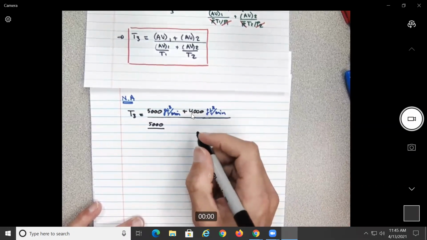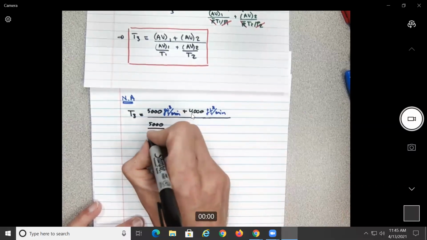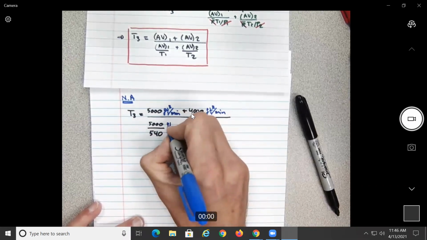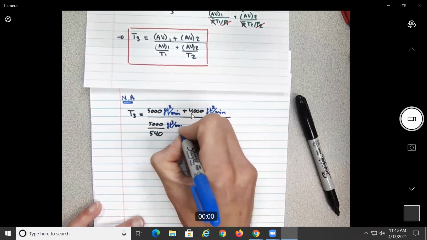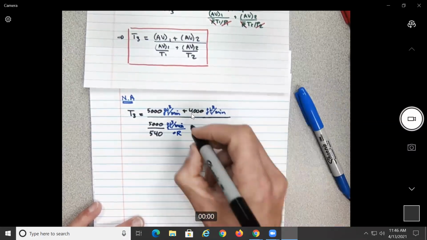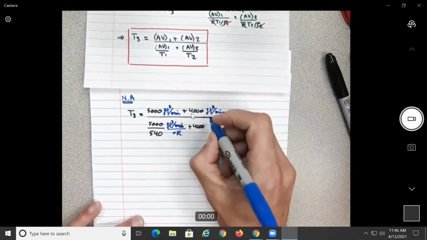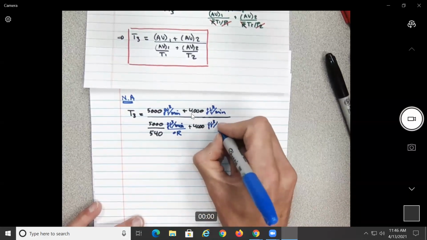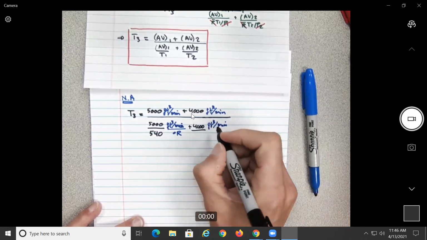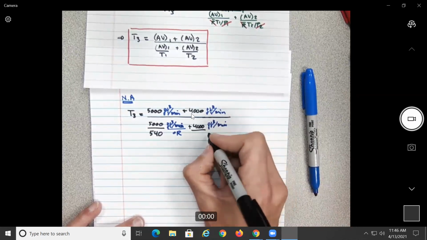Let's put it in Rankine to be safe, but I think we can also solve with Fahrenheit, but let's say it would be 540. So here we have cubic feet per minute divided by degree Rankine, plus 4,000 cubic feet per minute divided by T2, which is 500.